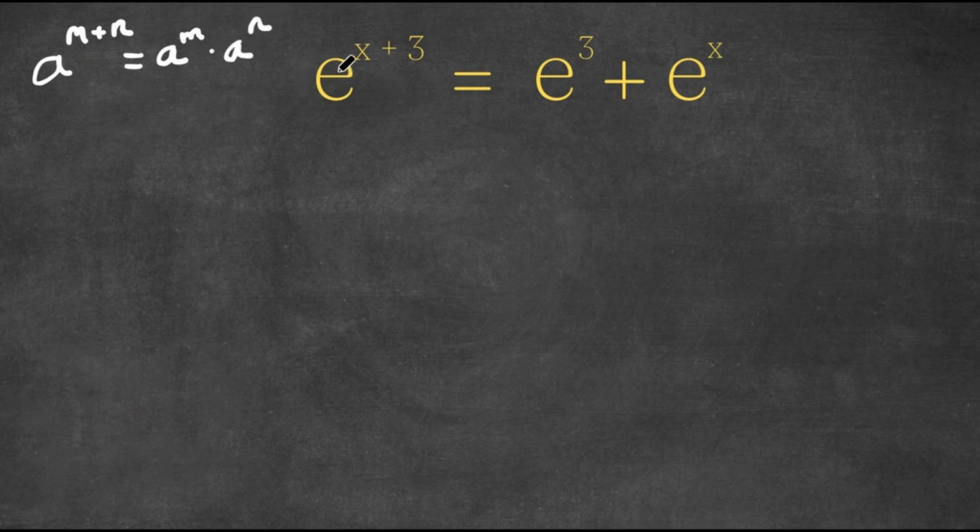So as you can see right here, we have e to the power of x plus 3. I'm actually going to rewrite this as e to the power of x times e to the power of 3. And now this is equal to e to the power of 3 plus e to the power of x.